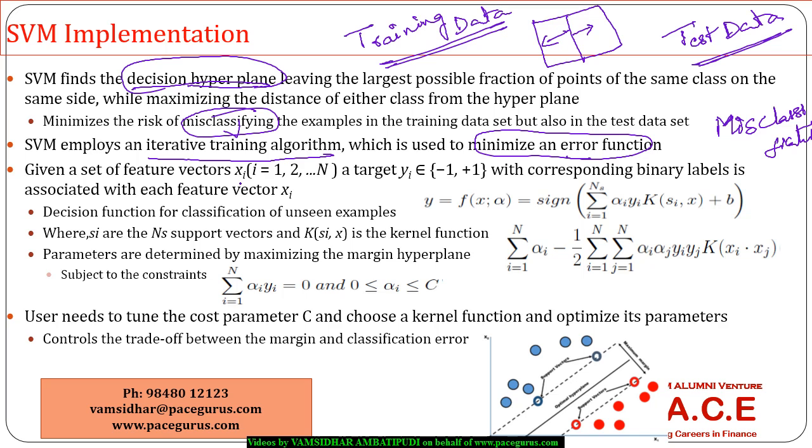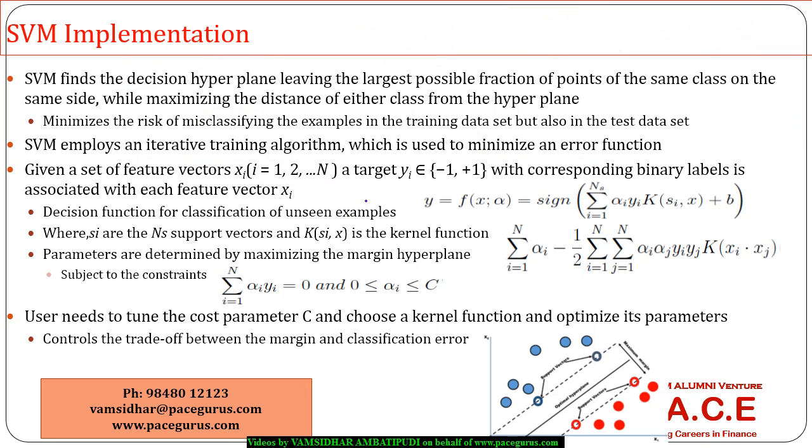If you look at the features, xi is a set of features, right? So now we are trying to do a classification based on various features. Let's say I want to classify defaulters versus non-defaulters based on age, the amount of loan, and gender.